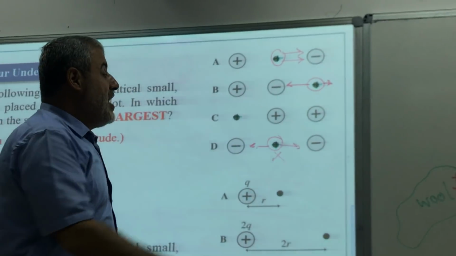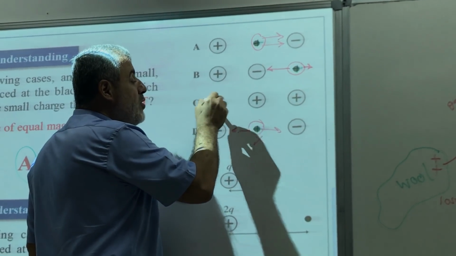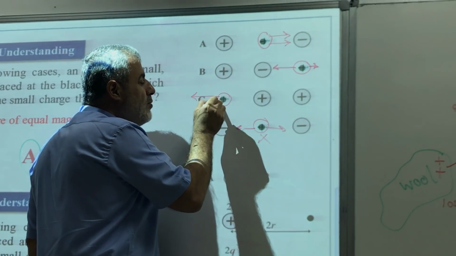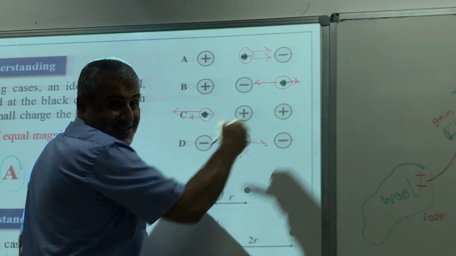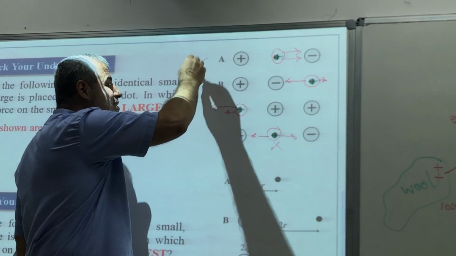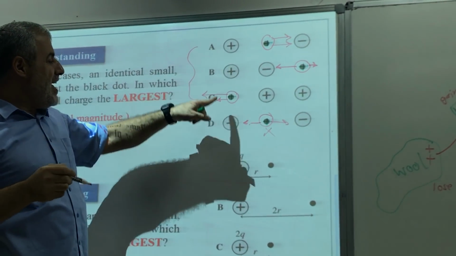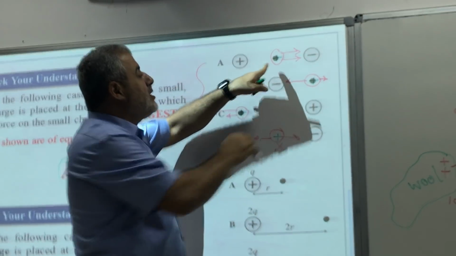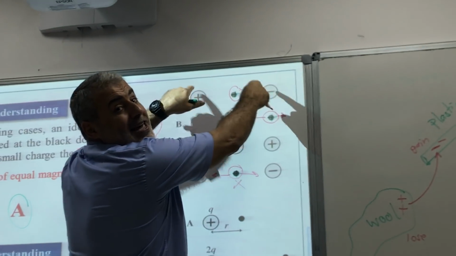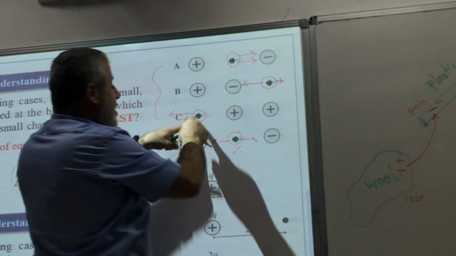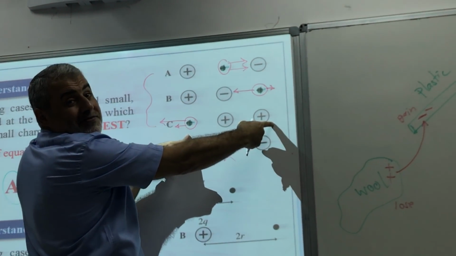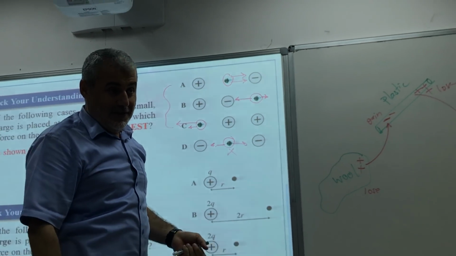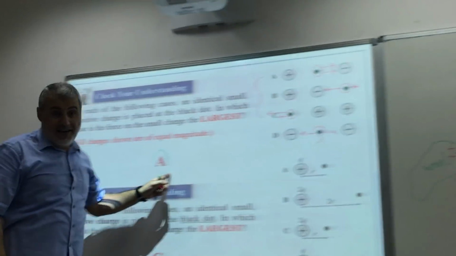Here we have a large repulsion with this one and a smaller one with the other. So what is confusing between these two cases, A and C? In A, both are close. Here one is close and one is far, and when it is far, the force is less. So the answer is A.